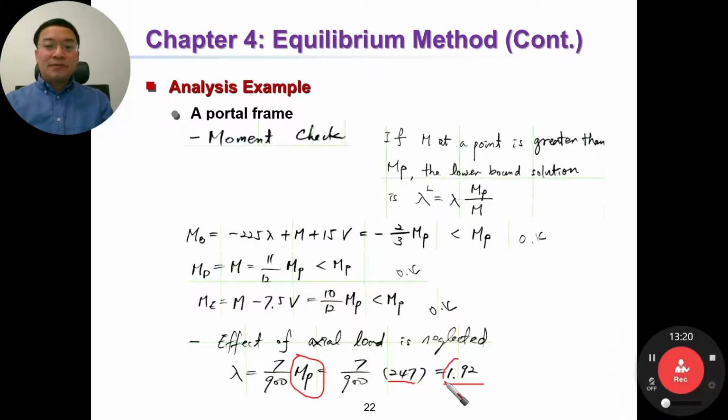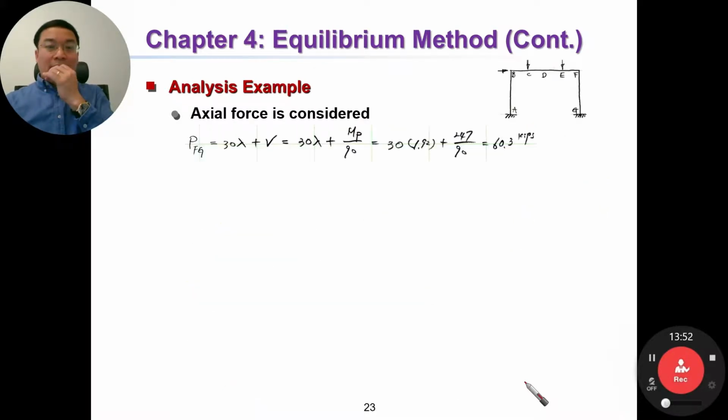It is the solution of the load factor in the case of neglecting the effect of axial force, axial load. Because the section is known, then the MP is known. MP equal to sigma y multiplied by Z, and the section has Z, and you can check.